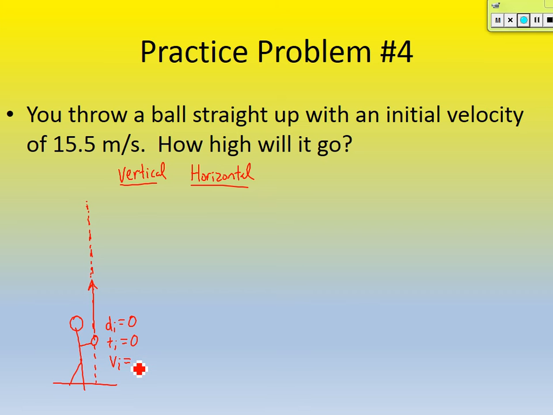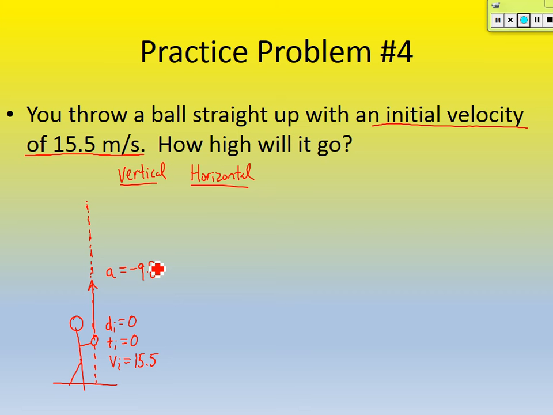Velocity initial, now this one, it says it had an initial velocity of 15.5 meters per second. So we're not just dropping this one, we're throwing it. So it does have an initial velocity. We know that as it's flying through the air, the acceleration is going to be a negative 9.8 meters per second squared.